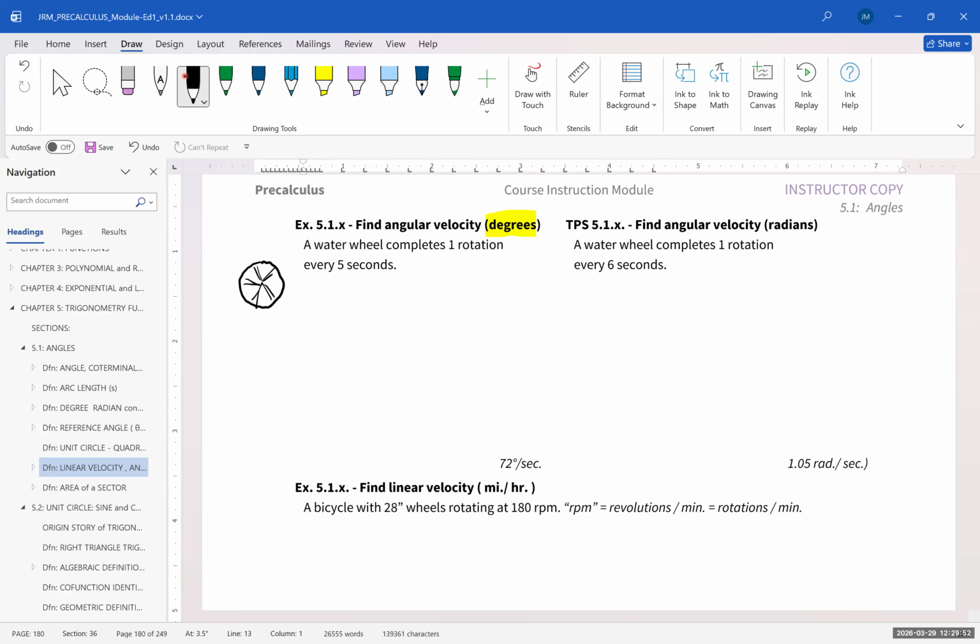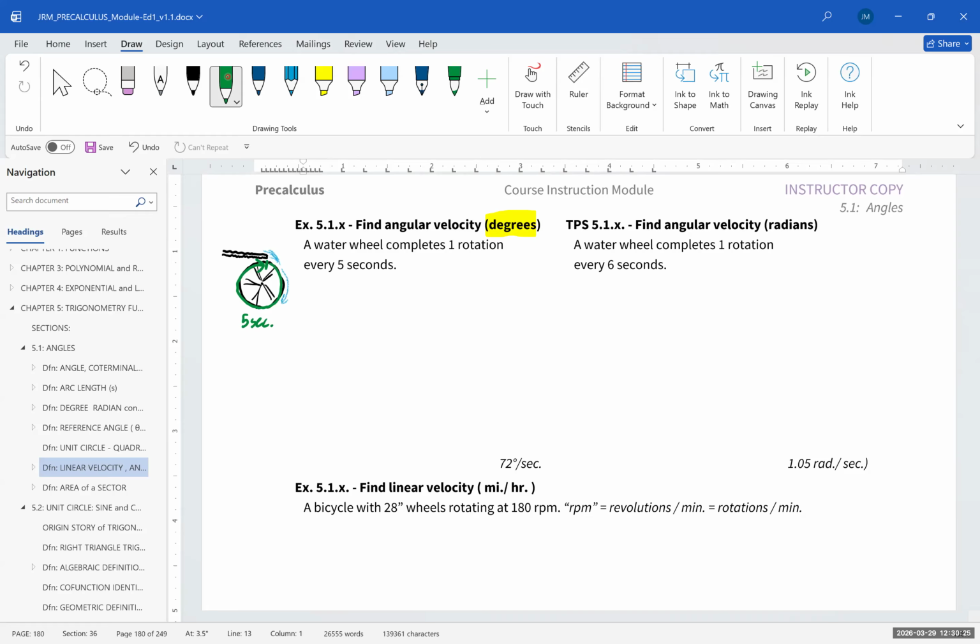A water wheel will have a platform up above that water will run off of. And as the water comes off the platform, it goes onto the wheel and the wheel rotates. So what this is saying is that the wheel will make one full rotation around every 5 seconds.